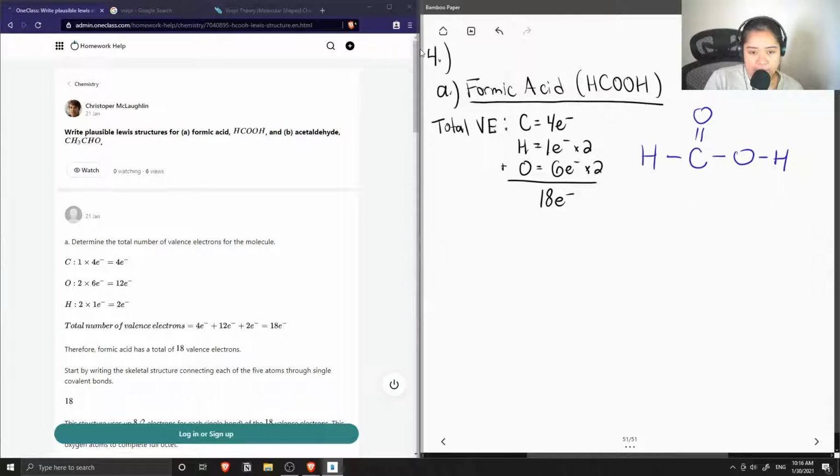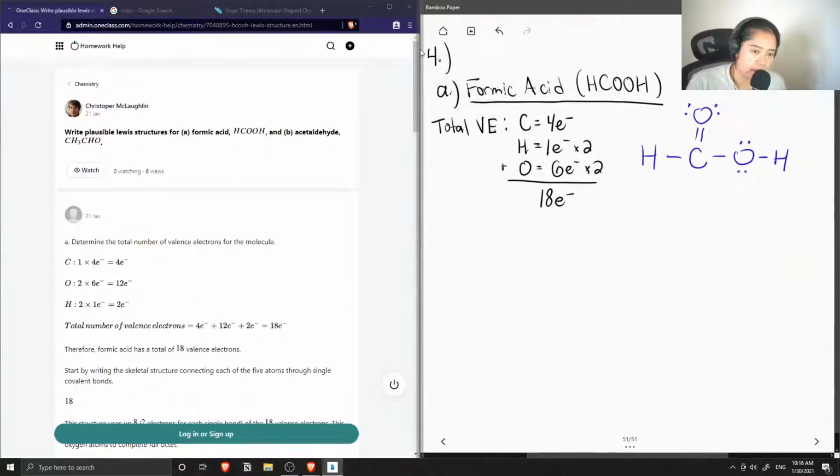We have 5 bonds, and each of these bonds contains 2 bonding electrons. So I only have 10 out of the 18 electrons drawn so far. For the remaining 8, I can place them as lone pairs on both of my oxygen atoms.